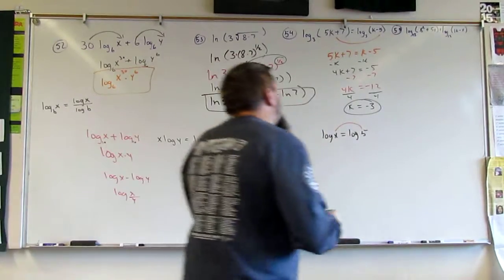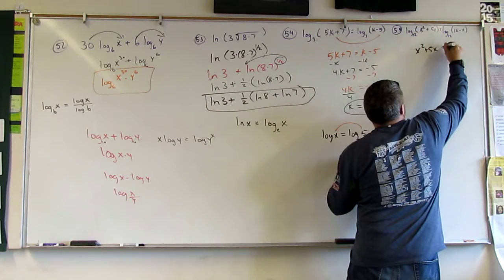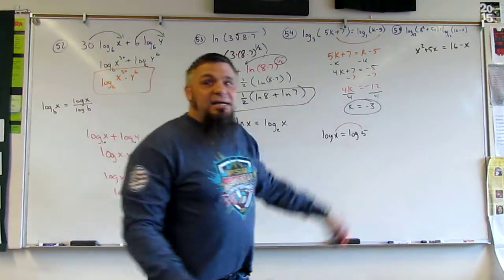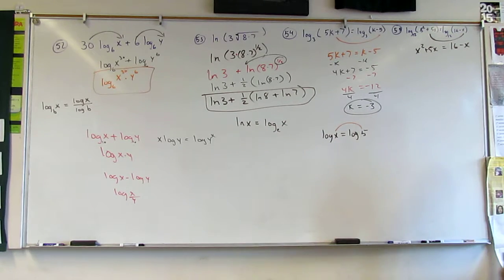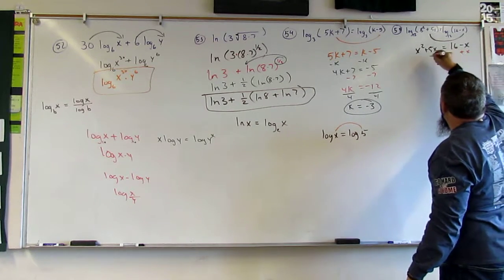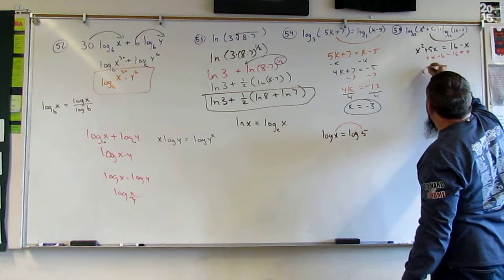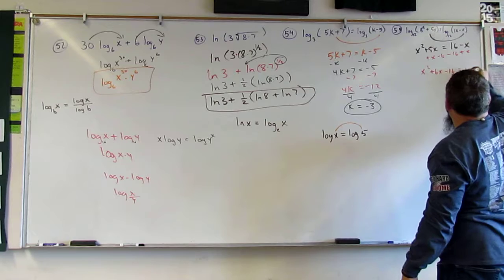All right, I got x squared plus 5x is equal to 16 minus x. And that's because those are the same. So these are equal. And so at this point, now I'm just going to plus x minus 16 on both sides. So I get x squared plus 6x minus 16 equals 0.